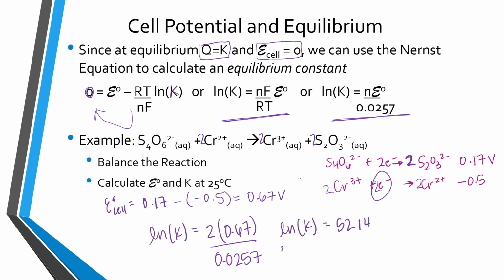So I got to raise e to both sides, and I get that K equals 4.4 times 10 to the 22nd. So if we are at equilibrium, we can use the Nernst equation to actually calculate the equilibrium constant.